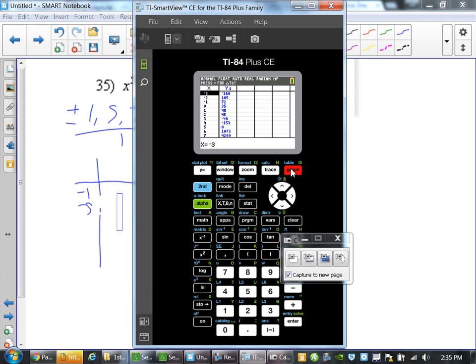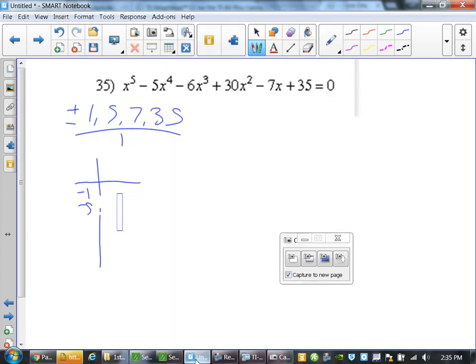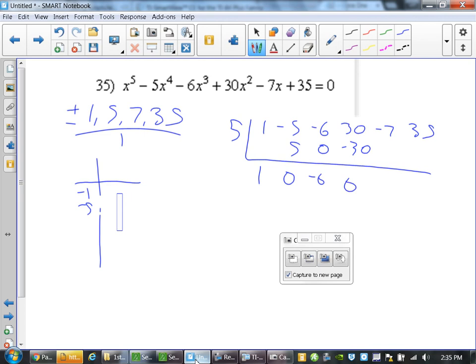Yep. So this tells me that I have a 0 at 5, which means what I would do is use my synthetic division at 5. So I have 1, -5, -6, 30, -7, and 35. So it works.